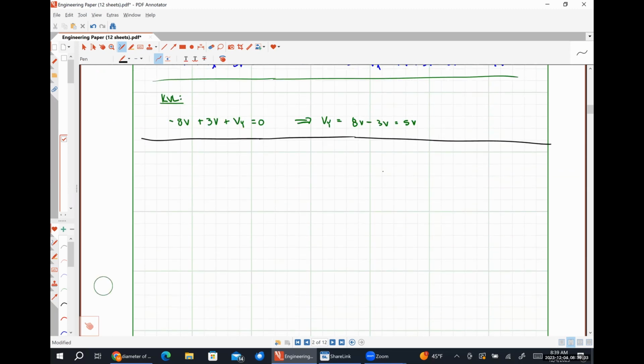So here's a 7-volt source. Let's make this a 10 ohm resistor. And a 2 ohm resistor over which we're going to define a controlling voltage.